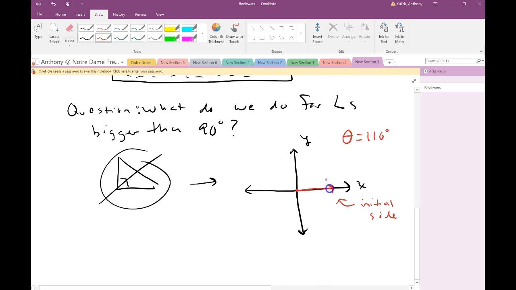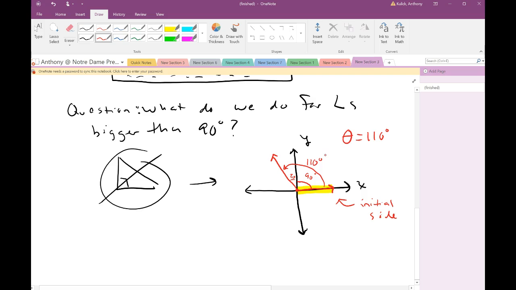Well, we start at the positive x-axis, and then we rotate. So to here is 90 degrees, and then 20 degrees more is going to give us 110 degrees.